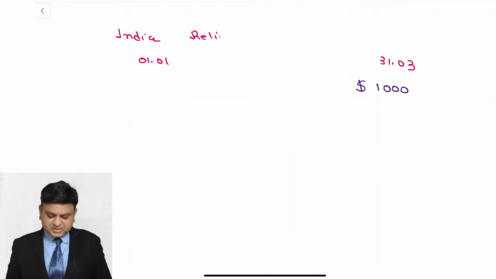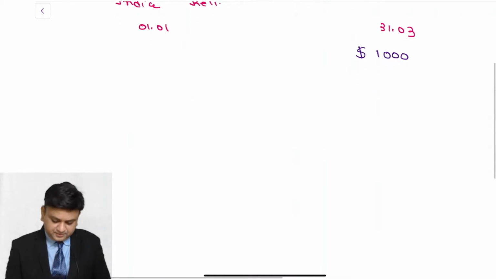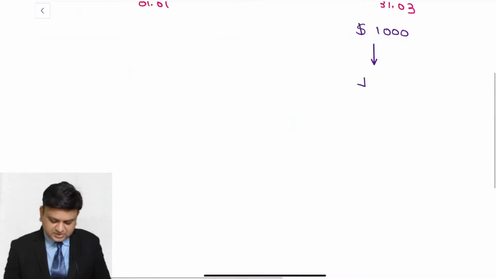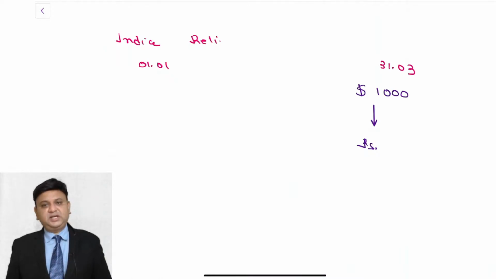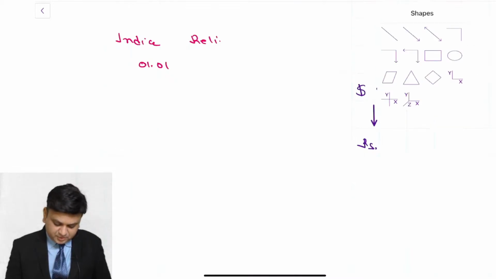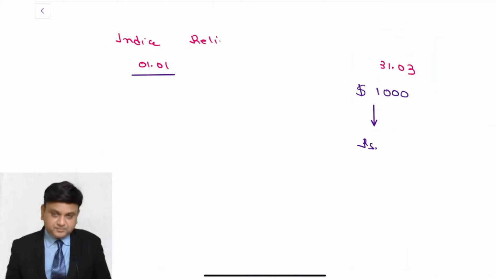Whatever consideration it receives will be converted into domestic currency, that is, rupees. At the point of that conversion, what would the exchange rate be? So there is an uncertainty from Reliance's point of view on 1st of January.